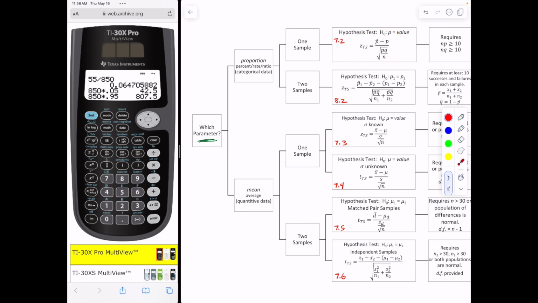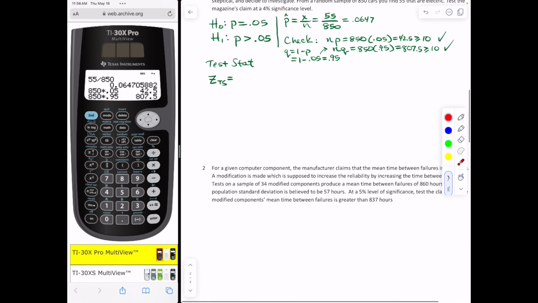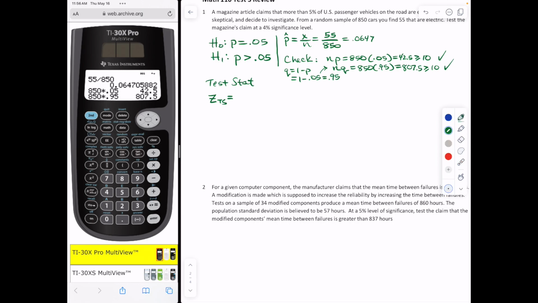Notice it had a null hypothesis here. So just to point that out, all of these have the null hypotheses in them. Okay, so we're doing this formula for our Z statistic. So P hat minus P over square root of PQ divided by N.